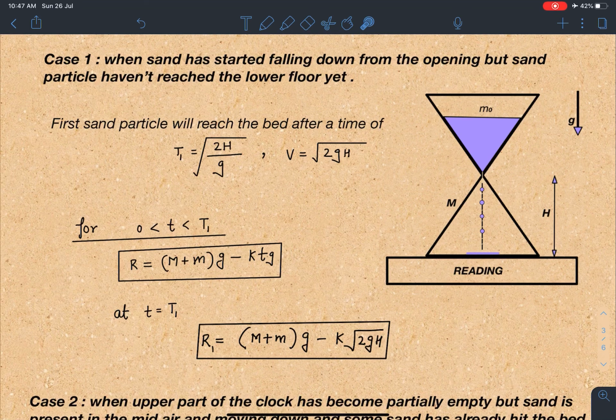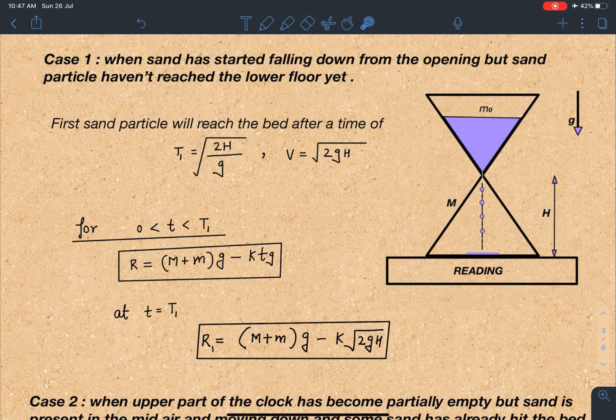Just now I explained that sand particles are falling and they are in the middle only. They are not touching the lower part of the bed yet. So the first sand particle will reach the bed after a time of root of 2h by g.